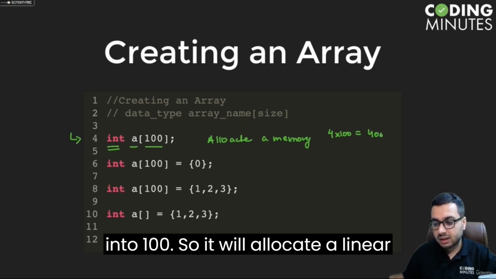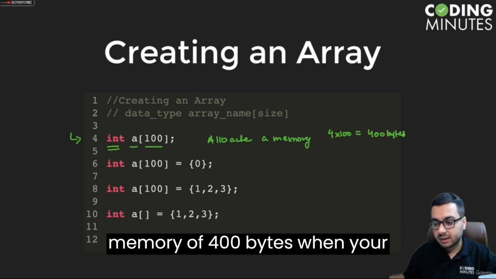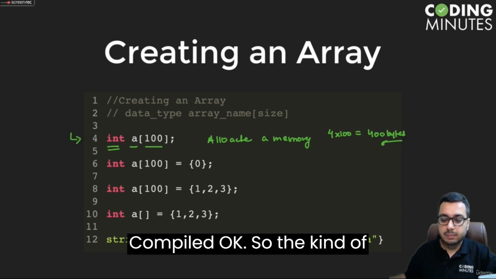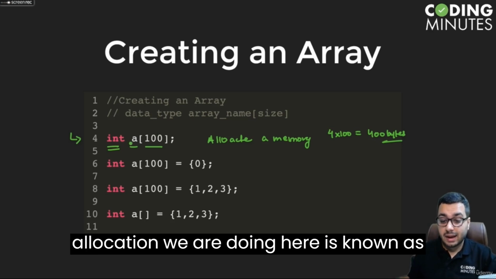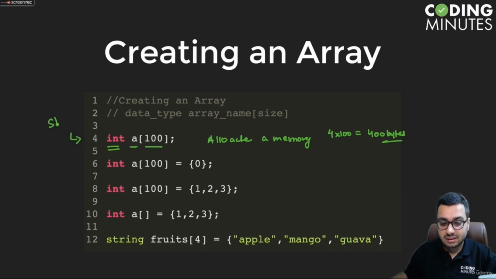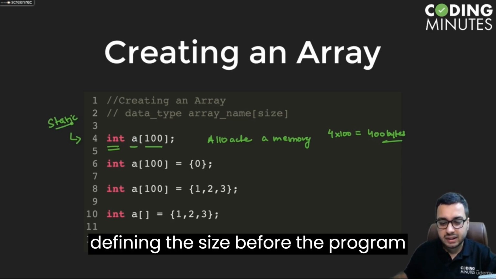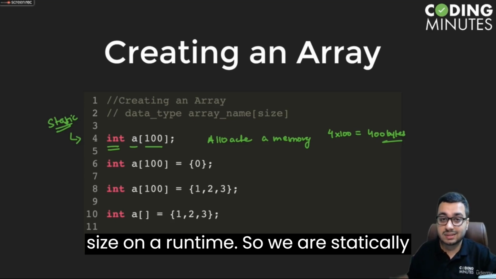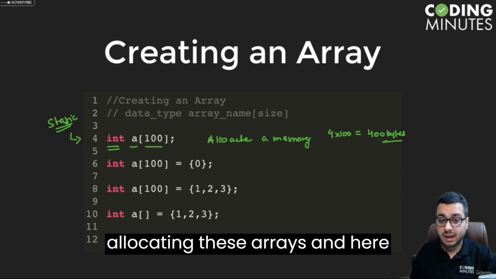It will allocate a linear memory of 400 bytes when your program is being compiled. The kind of allocation we are doing here is known as static memory allocation. We are defining the size before the program is executed, not at runtime, so we are statically allocating these arrays.